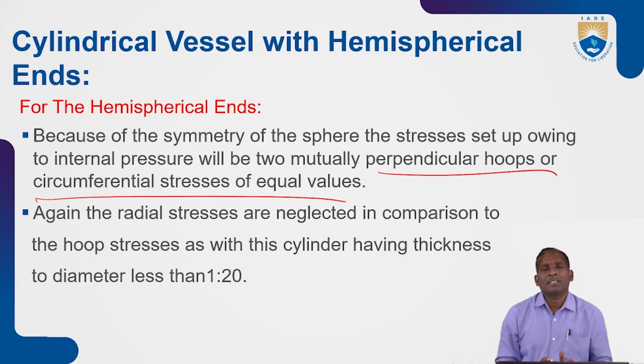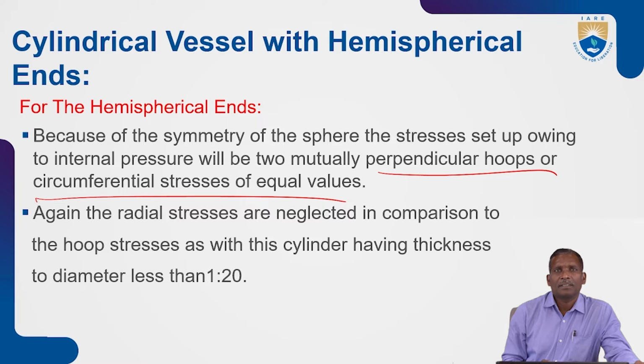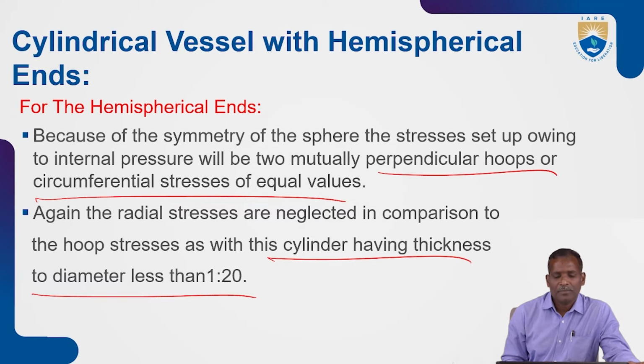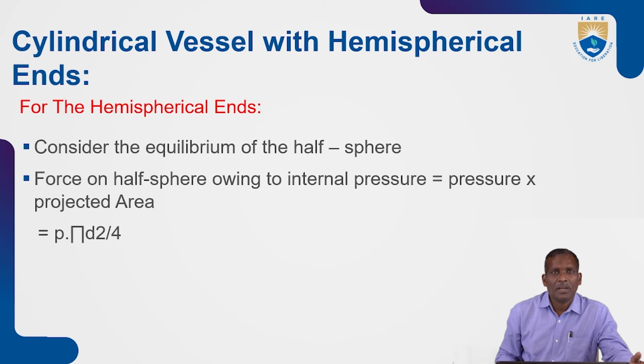Again, the radial stresses are neglected in comparison to the hoop stresses, as with this cylinder having thickness to diameter ratio less than 1 by 20. When compared to the hoop stress, we are not considering radial stresses, as they have very small values, so we can omit them.